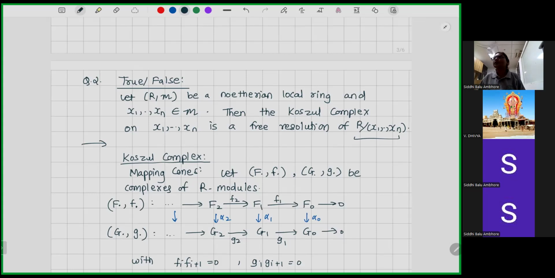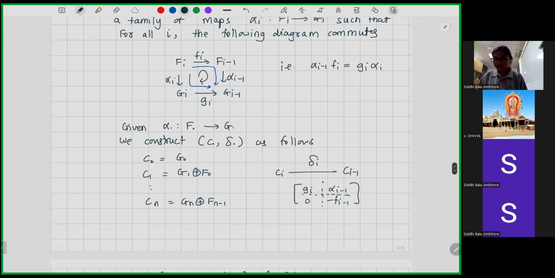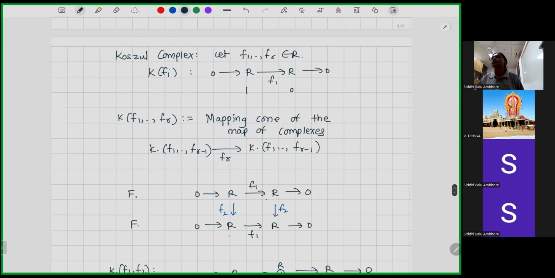I hope that is okay. And also the definition of Koszul complex, I hope it is okay. If not, please let me know.